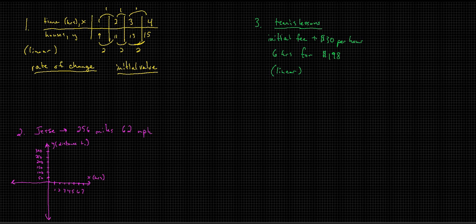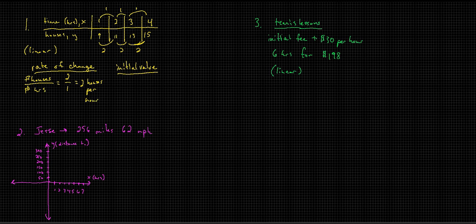So the rate of change is number of houses over the number of hours. And in each case, that is 2 over 1, which equals 2 houses per hour.